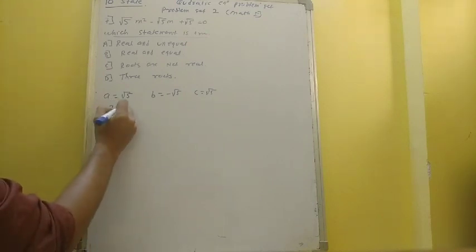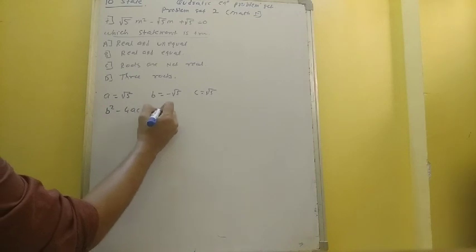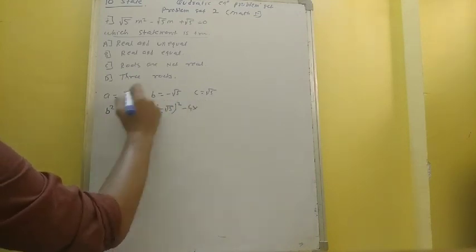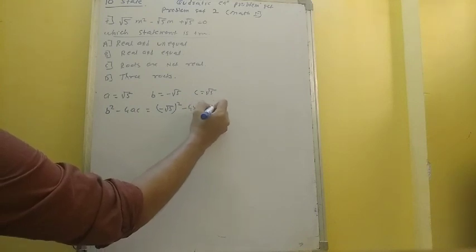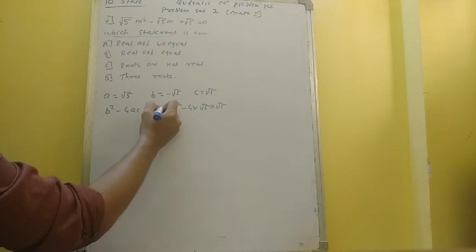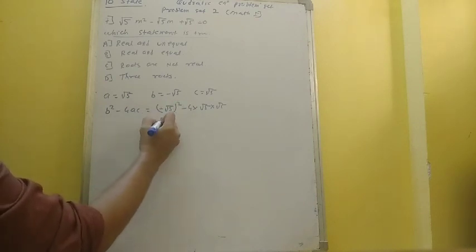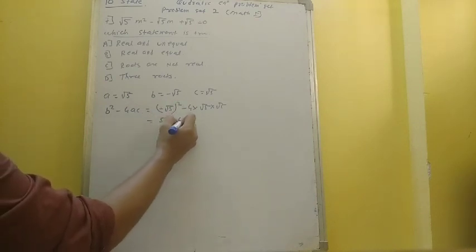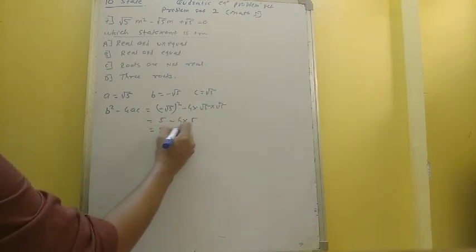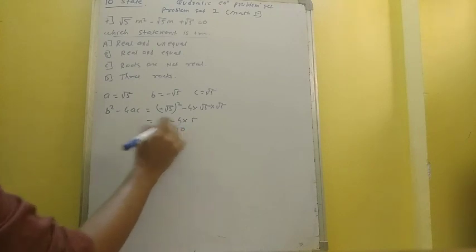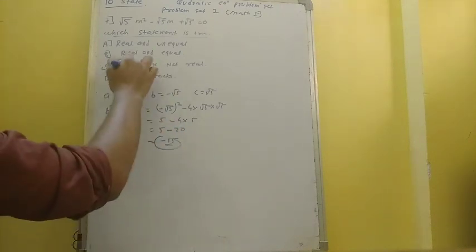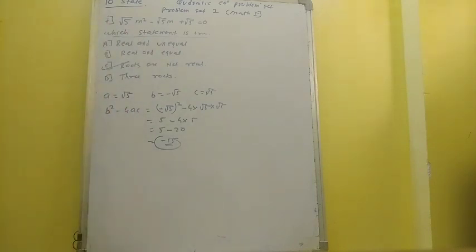So b square minus 4ac, that is square root of 5 the whole square minus 4 into a into c. Minus will become plus. Square root of 5 square is 5, minus 4 into square root of 5 into square root of 5. 5 minus 5 4s are 20. I have minus 15, so it is negative. So I can say that the roots are not real. Okay, understood?